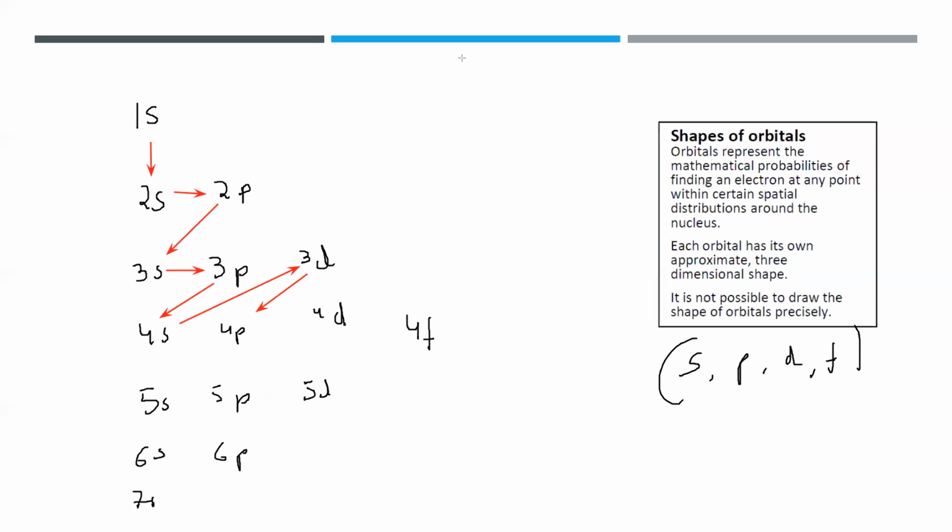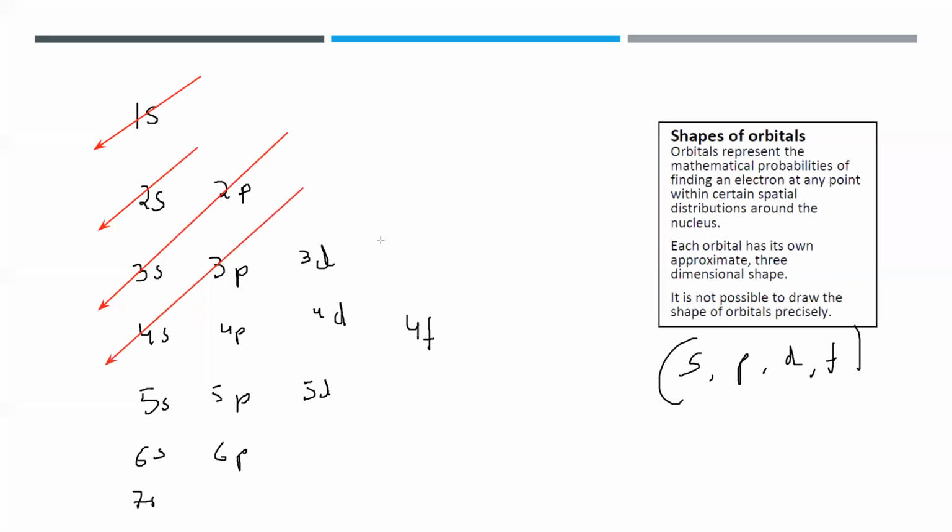So how will you remember these arrows? It's a simple way to remember. Look, how we'll complete it. Draw the diagonal arrows. The first 2 arrows have 1 orbital each. Then 2, 2, then 3, 3, and at the last one 4.